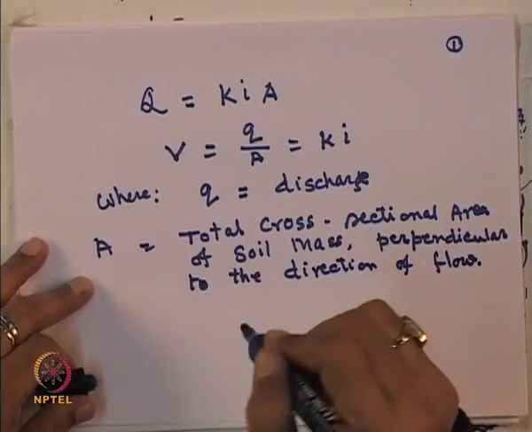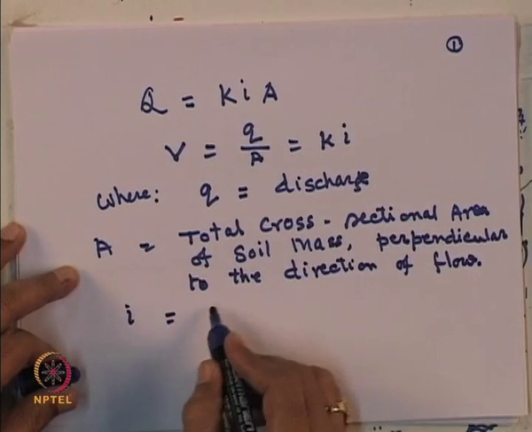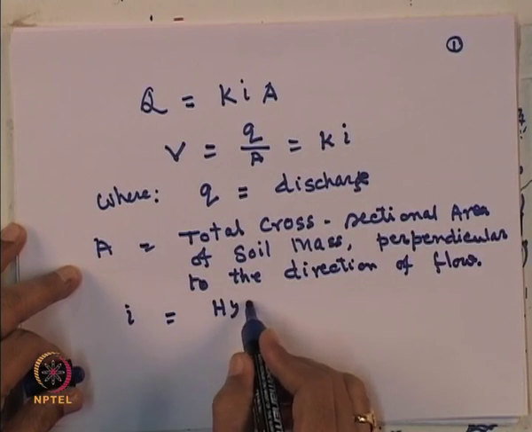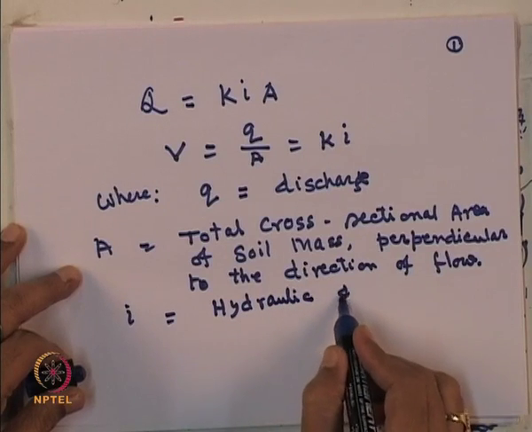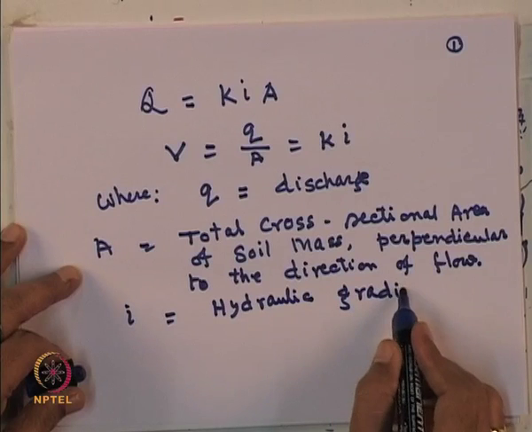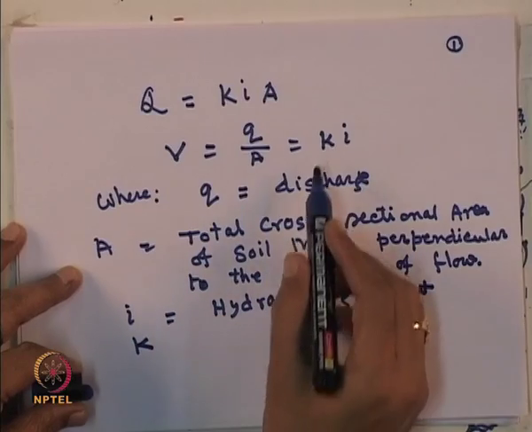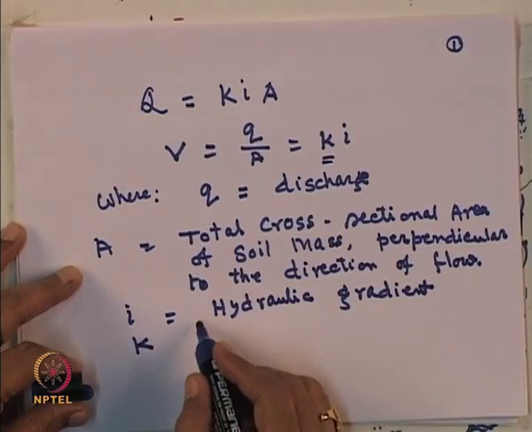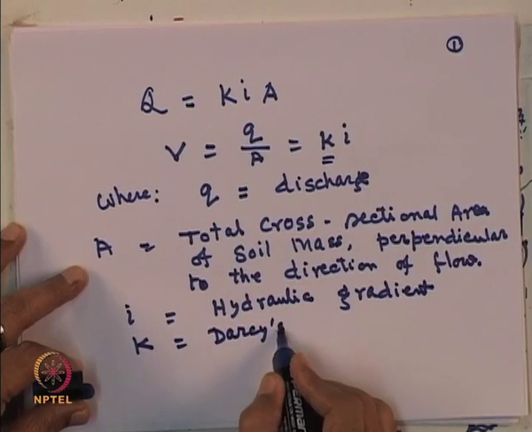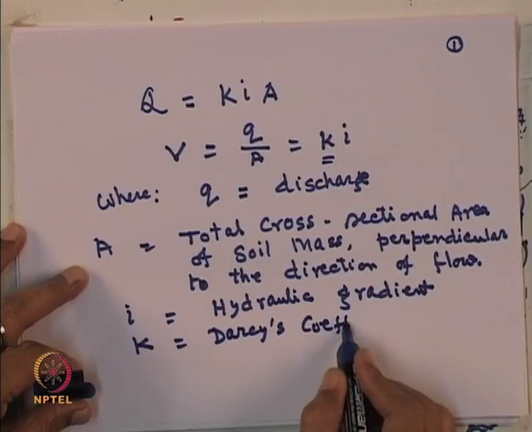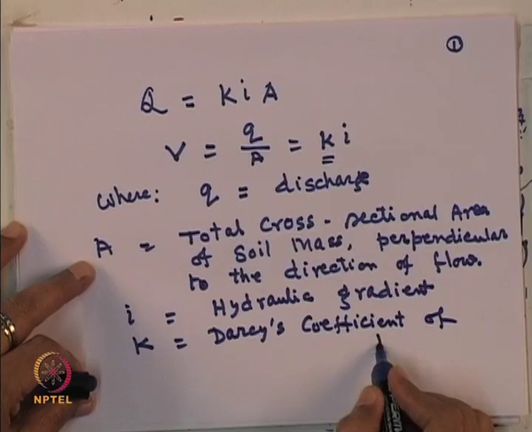This is perpendicular to the direction of the flow, and this I is hydraulic gradient. And K is Darcy's coefficient of permeability.